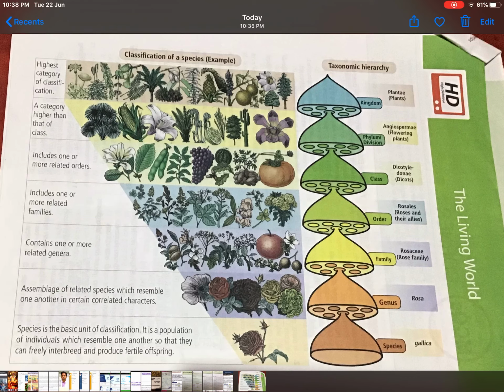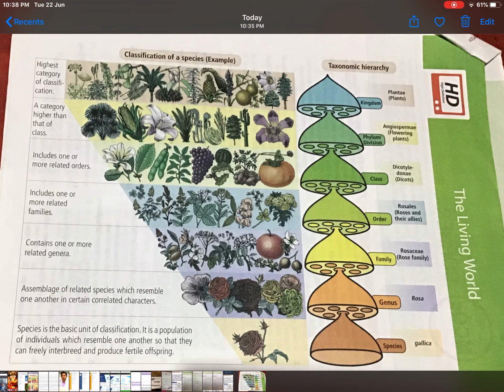The first word is the generic name. This designates the genus and is written with a capital first letter. The second word represents the specific name, and it indicates the species, written with a small first letter.